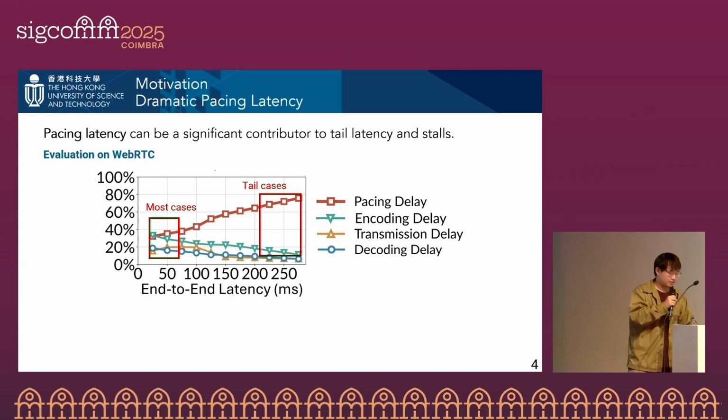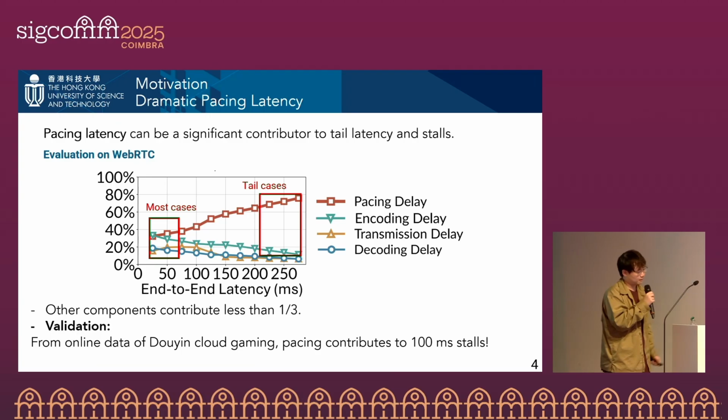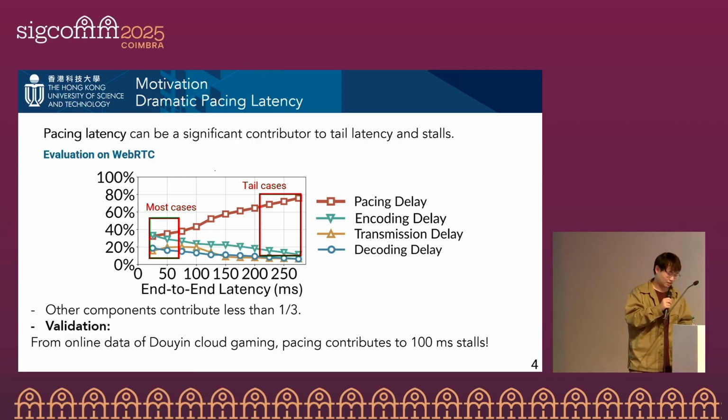We also validated this on data we collected from ByteDance cloud gaming, and got similar results: pacing latency significantly contributes to 100 millisecond stalls. So here I raised the question of what pacing latency is, and I'll talk about it in more detail.